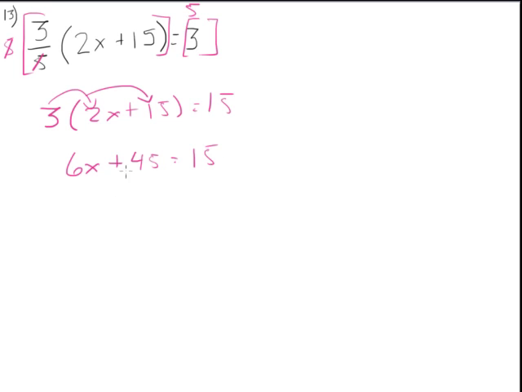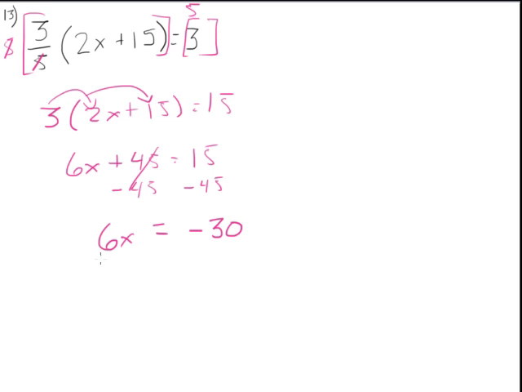Then I'm going to take this 45 over to the other side because it's letters on the left, numbers on the right. So I'm going to minus 45 here. I'm going to also minus 45 here. So this here cancels out, and I'm left with 6x on the left hand side equals 15 minus 45. I'm going to get negative 30.